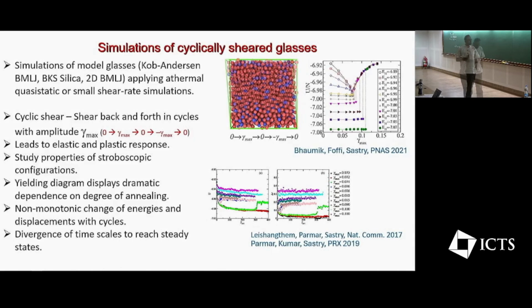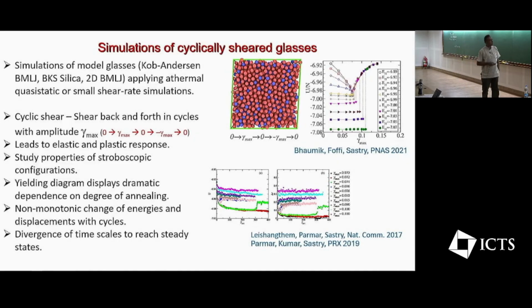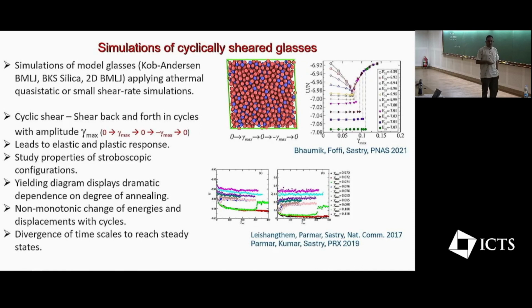And there are several interesting observations that have come out of this line of work using computer simulations.